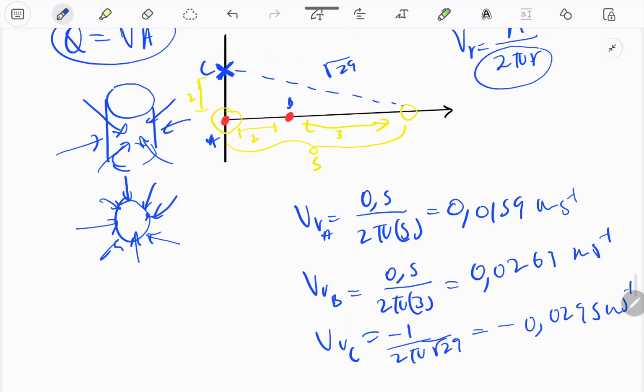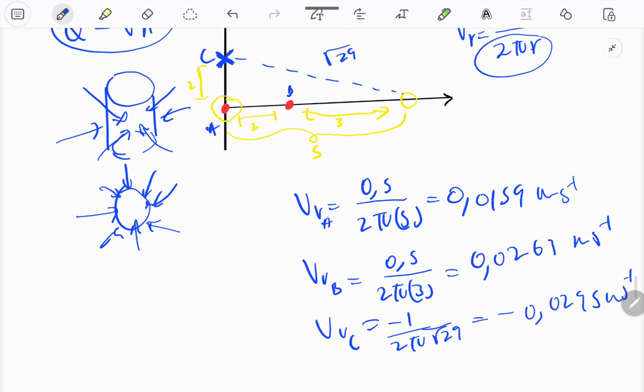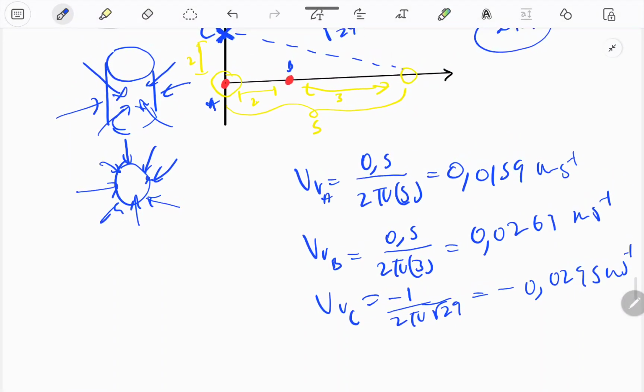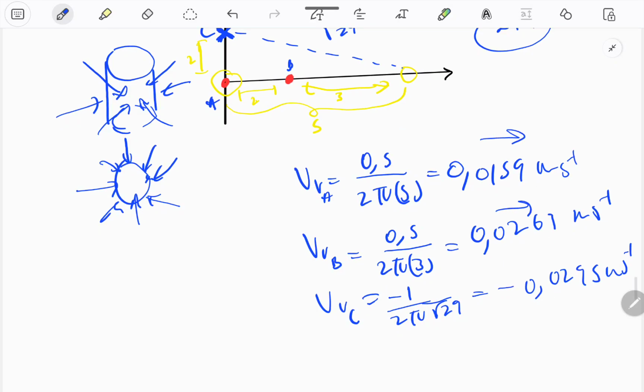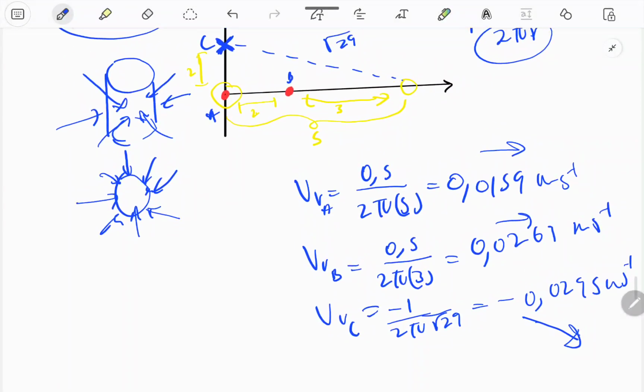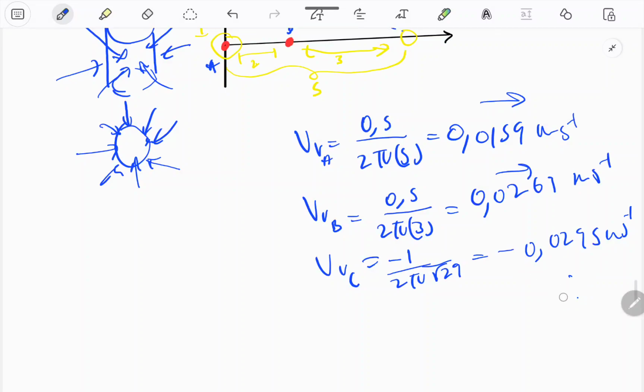But this one is pushing in this direction, that one is also pushing in this direction, but this one is pushing at some angle that looks like this. So I think if you write this one, you'll be interested also in the angle. So it's actually going the other way.